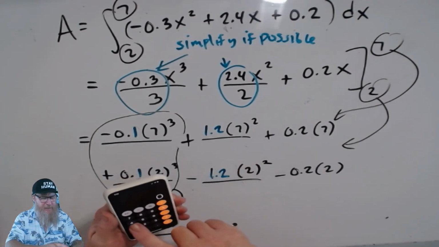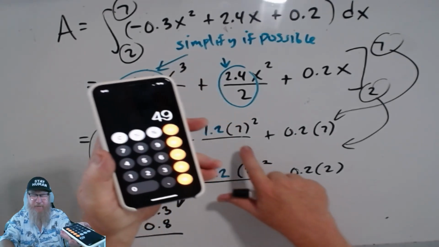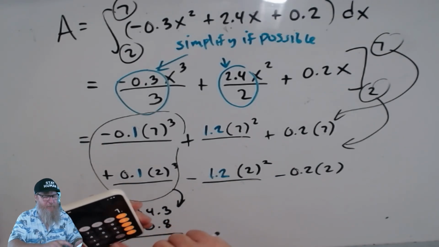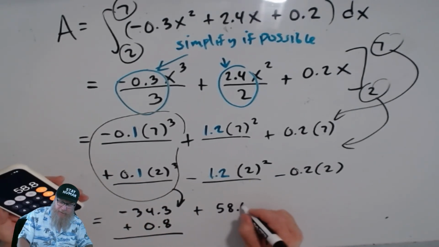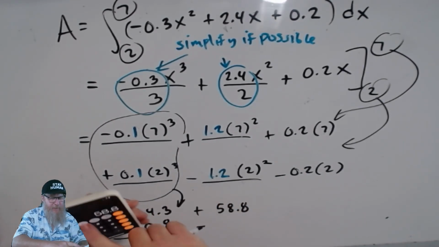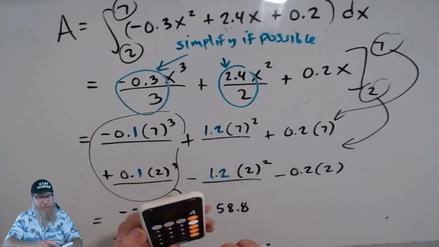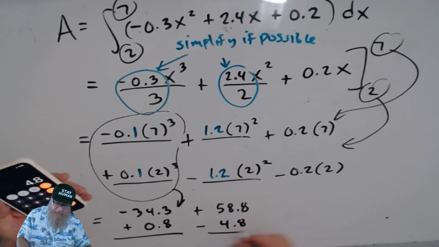Next one, I got 7 squared, which is 49. Obviously, I didn't even need the calculator for that. Times 1.2. So that's going to be 58.8 minus 2 squared, which is 4, times 1.2, 4.8.